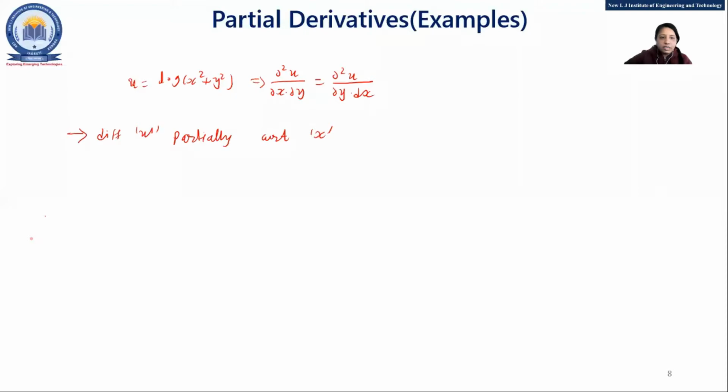Now here, you can write del u by del x equal to, what is the answer for this? Log of x square plus y square. Anyone, student?